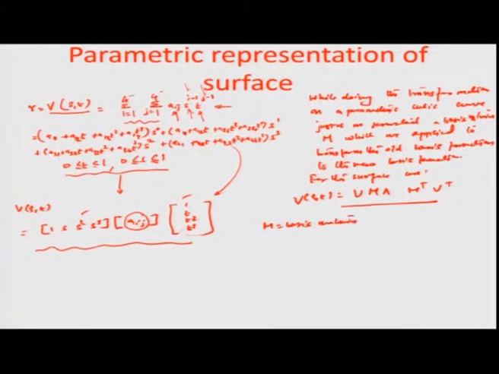Remember, this was a matrix full of coefficients. In this particular case, the M is given as a 4 by 4 matrix, namely 1 0 0 0, 0 0 1 0, minus 3 3 minus 2 minus 1, and 2 minus 2 1 1.